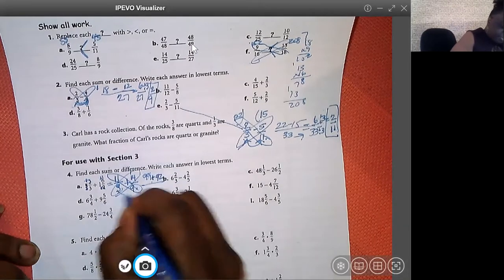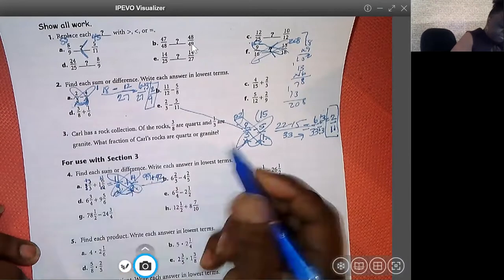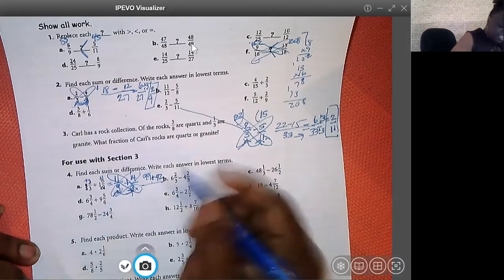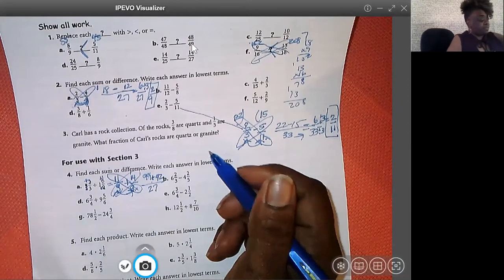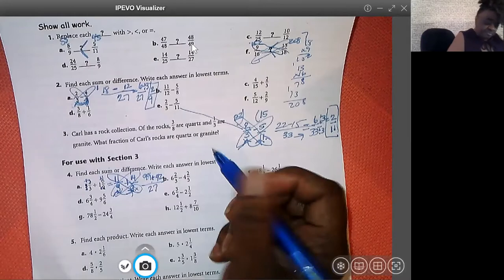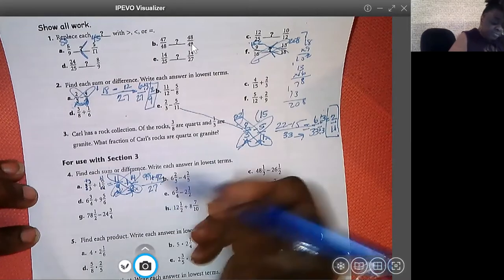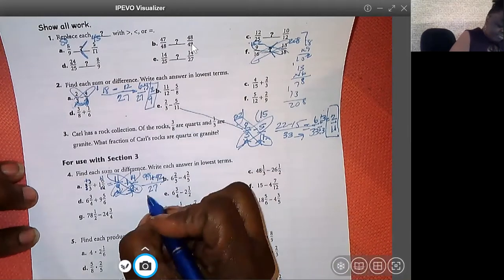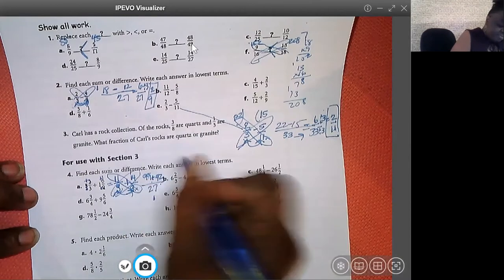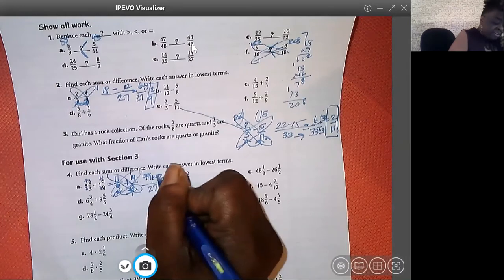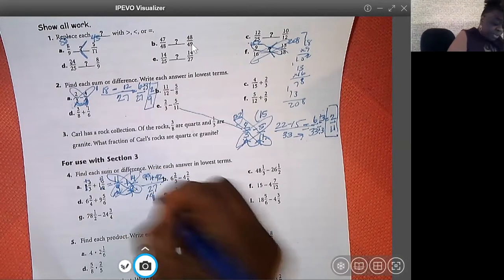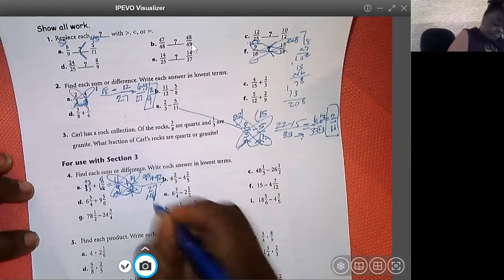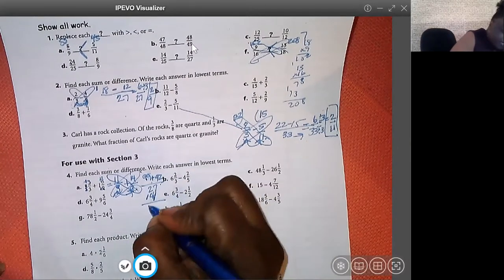And then you cross product around the bottom to bottom, which is 3 times 9 is 27. So now you have 99 plus 42, which gives you 141. Divide that by 27.